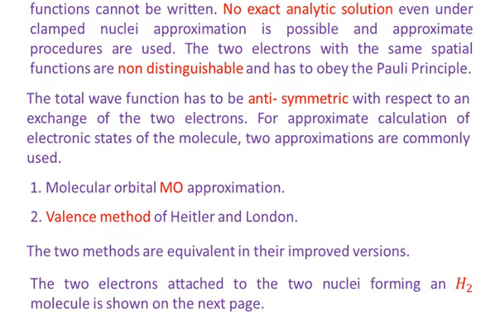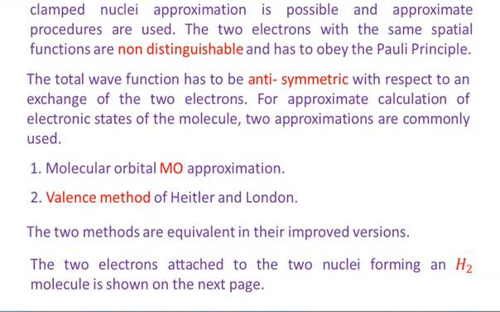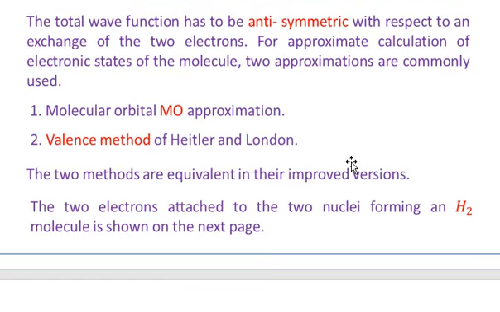These two methods will yield different results, and on the basis of these results we shall suggest some improvements in them, and ultimately we shall see that in their improved versions both approximations will give you the same results. The two electrons attached to the two nuclei forming the H2 molecule are shown on the next page.